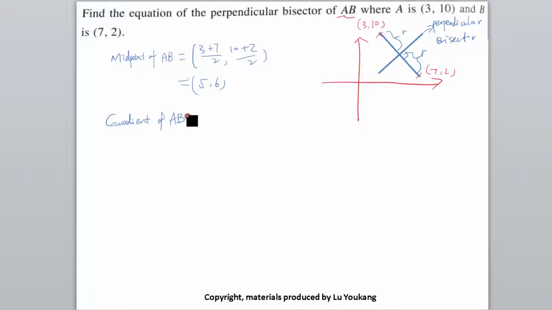And with this, we first have to find the gradient of AB. So the gradient of AB is y1 minus y2 over x1 minus x2.